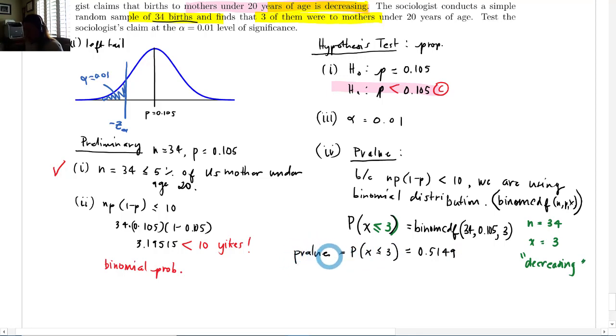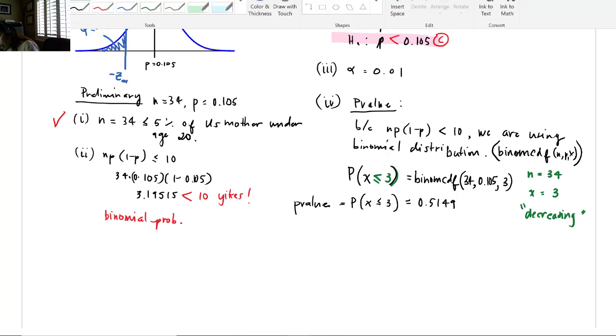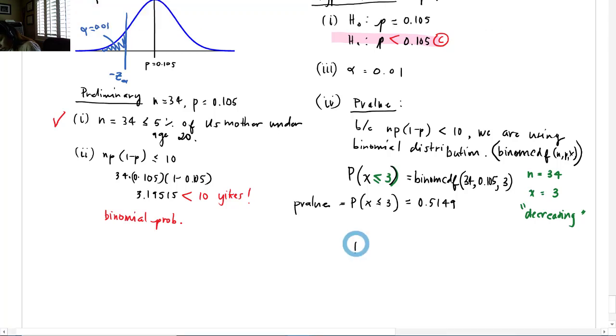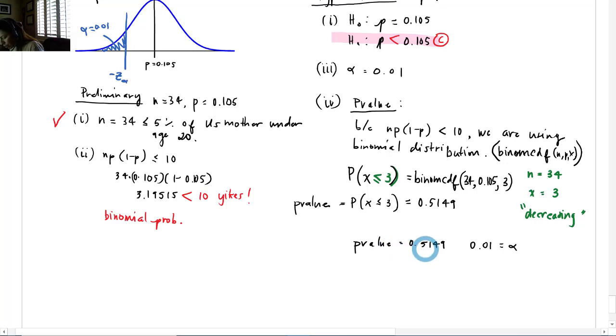There you go. So if we want to compare this p-value, let me do it now. So the p-value is equal to 0.51 and the alpha was 0.01. So if we compare, is the p-value going to be larger or less than alpha? Definitely larger.